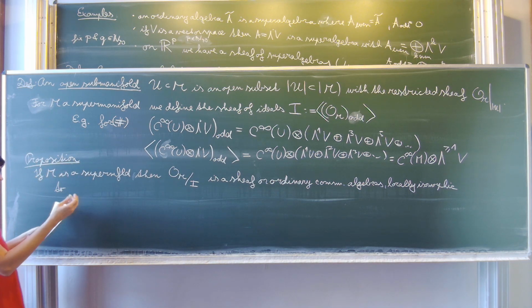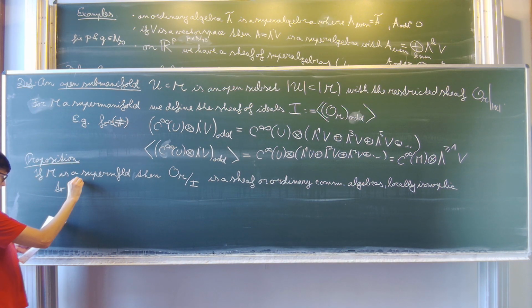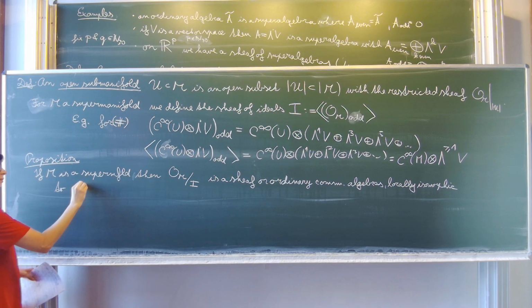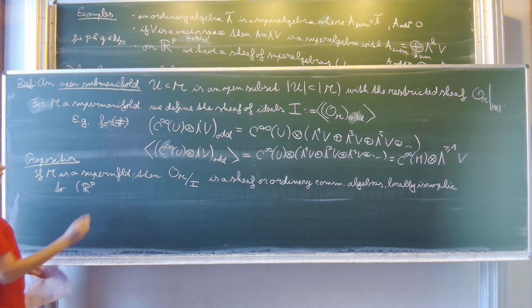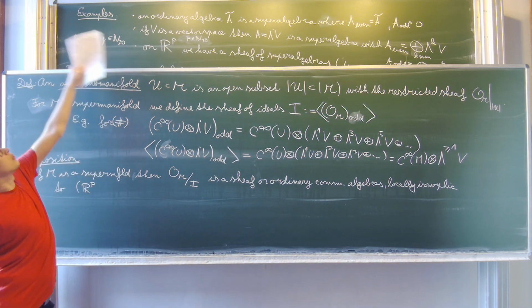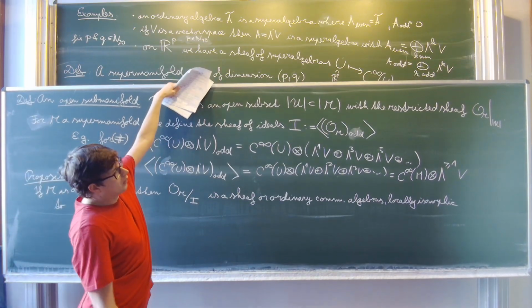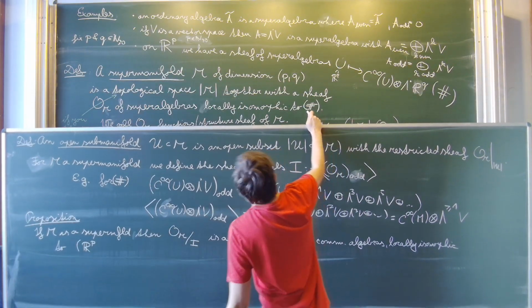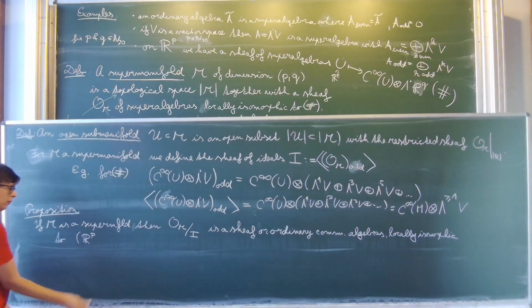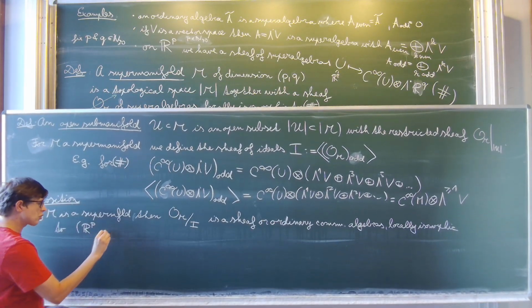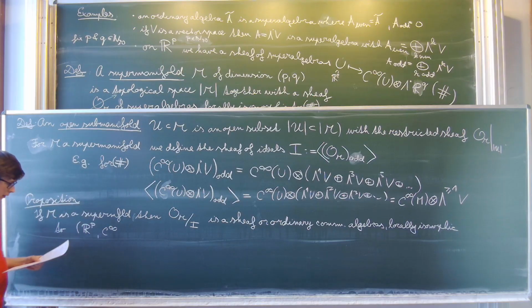So if I want to say it again as a sheaf, I should say that it's locally isomorphic to this model where you have R to the p. Our supermanifold was locally R to the p, but now not with this complicated algebra, just with C infinity.